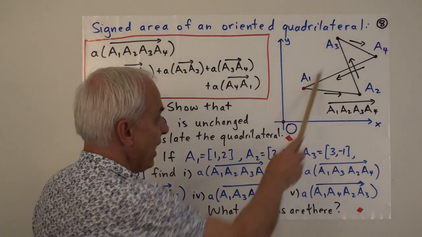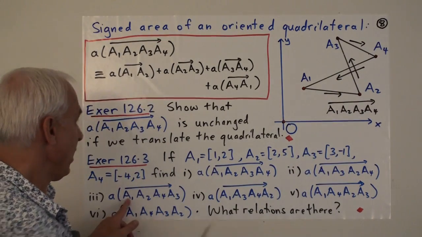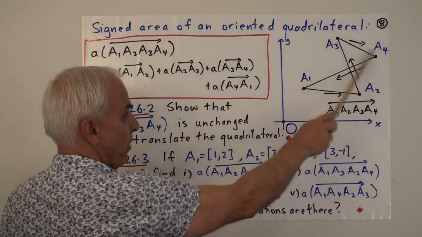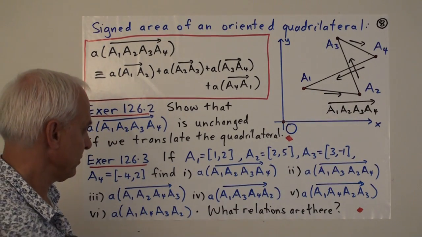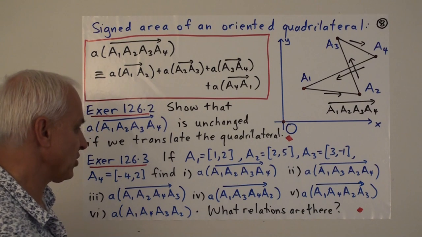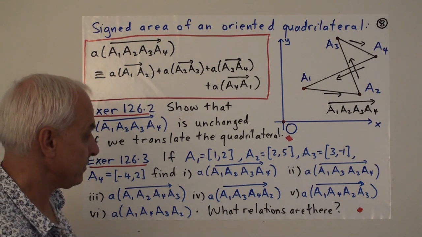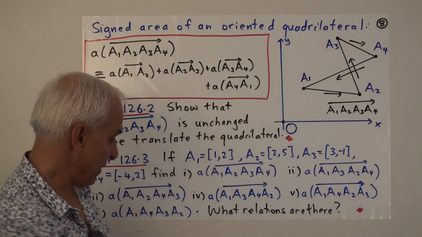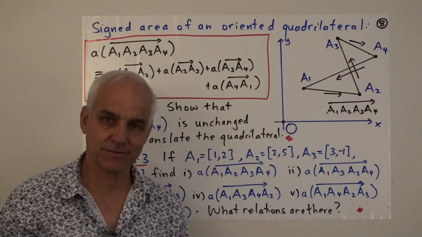While A1, A3, A2, A4, that'd be another non-convex one. A1, A2, A4, A3, that would then be what we'd call a convex quadrilateral. Basically 6 various combinations here, so you can practice calculating signed areas. And then the question is, what relations are there between these various 6 numbers?